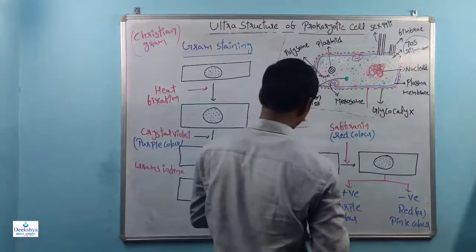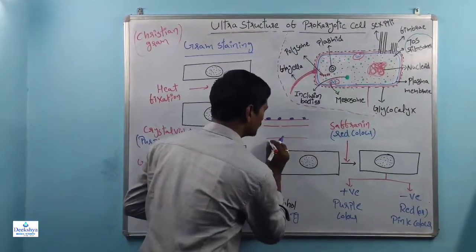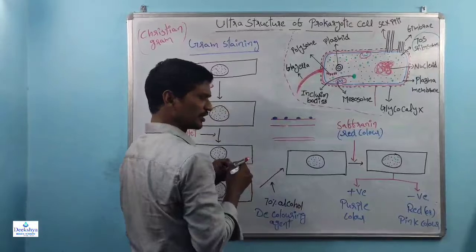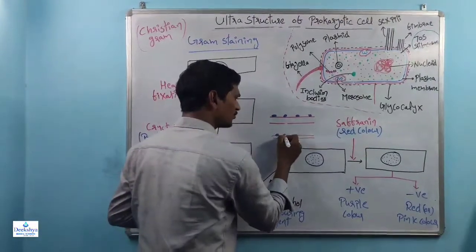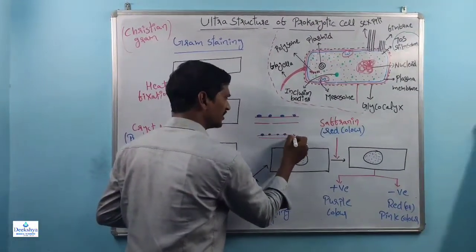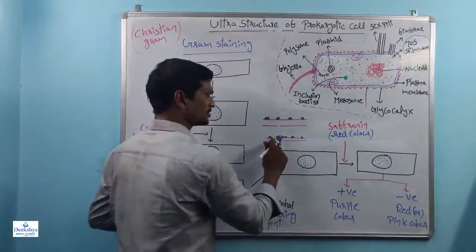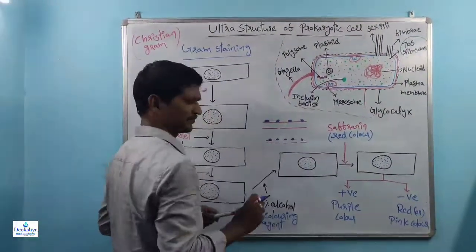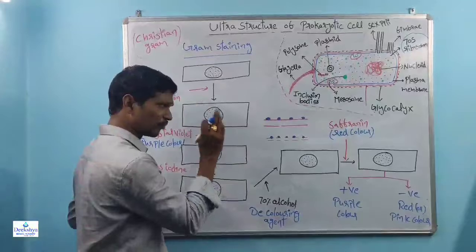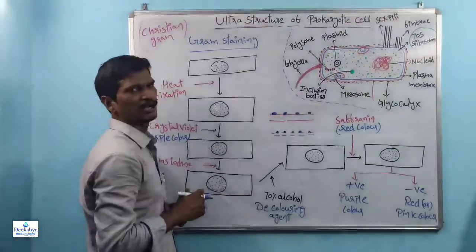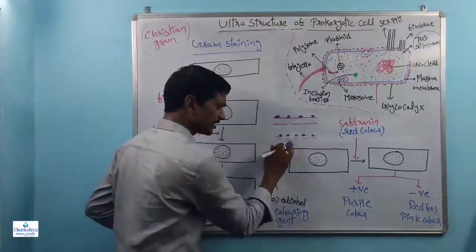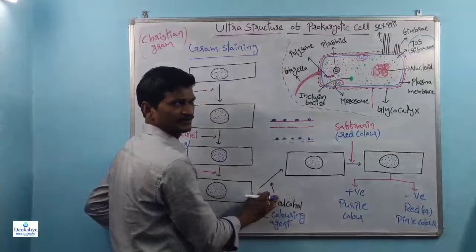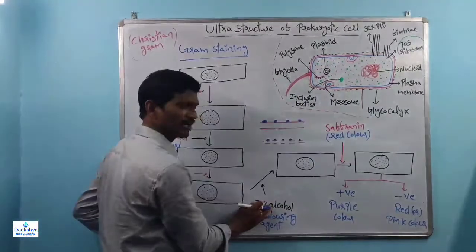Suppose this is the thin cell wall, and these are the crystal violet molecules. The thin cell walls are destroyed by alcohol. The thin cell wall layer is removed by the alcohol, because thin cell walls are easily dissolved within the alcohol.